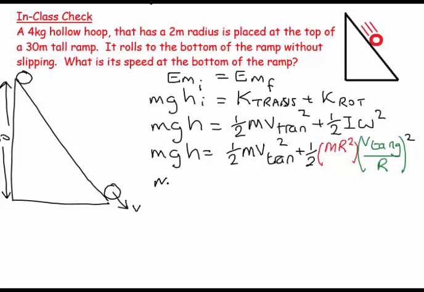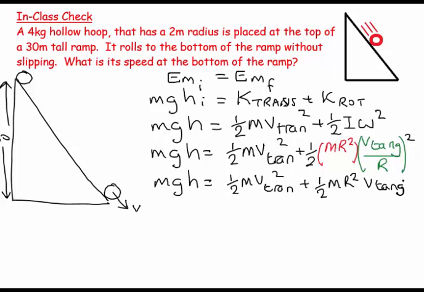Let's write this down. mgh is equal to 1/2 m v trans squared plus 1/2 m r squared v tang squared over r squared. Remember, when you're squaring something in a bracket, you've got to square both the top and the bottom. If I look at this, I can see that the radius disappears.